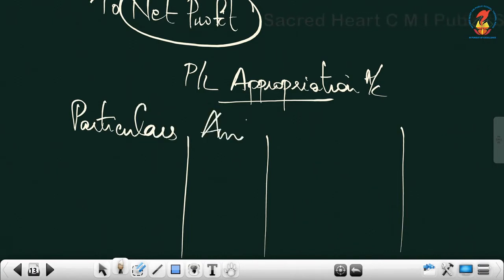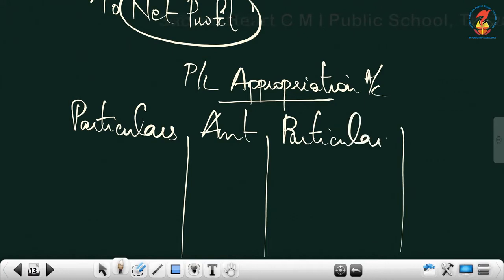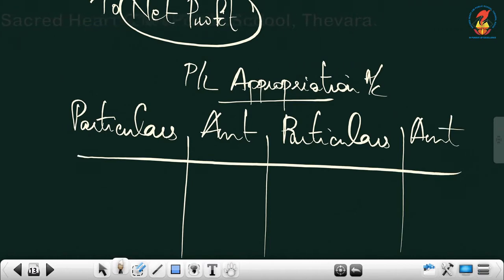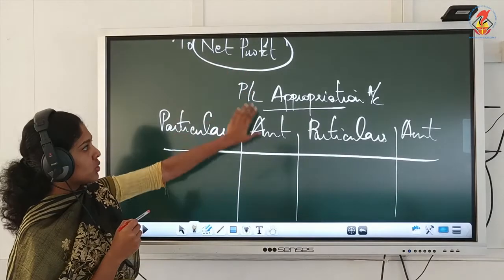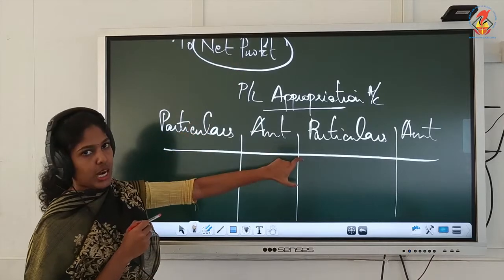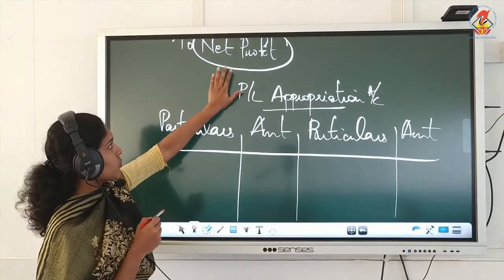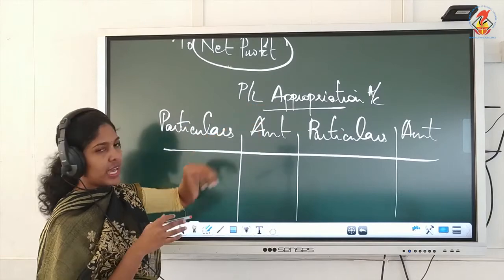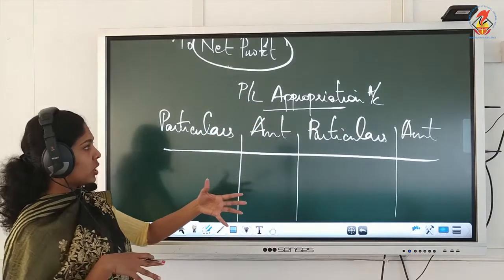So we will be showing how the profit is being distributed. If it is a loss, we can't distribute it. We just give it to partners. So to net profit, that is the final figure of P&L account. When you start P&L appropriation, with this figure you have to start, because we are showing how this profit is being appropriated or used or distributed.